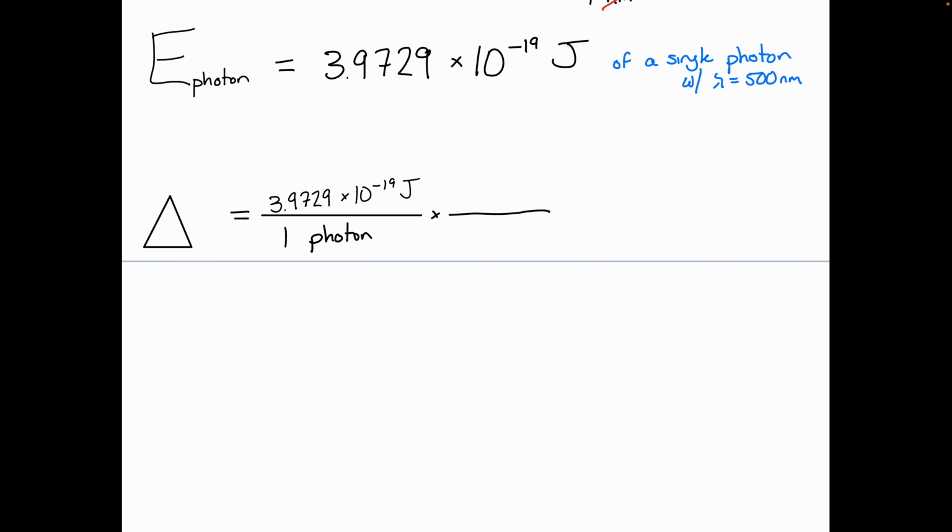All right. How are we going to get that into moles? Well, we know that by our Avogadro's number, there are 6.0221 times 10 to the 23 photons in 1 mole of photons. All right, and 1 mole of photons would be absorbed by 1 mole of complex.